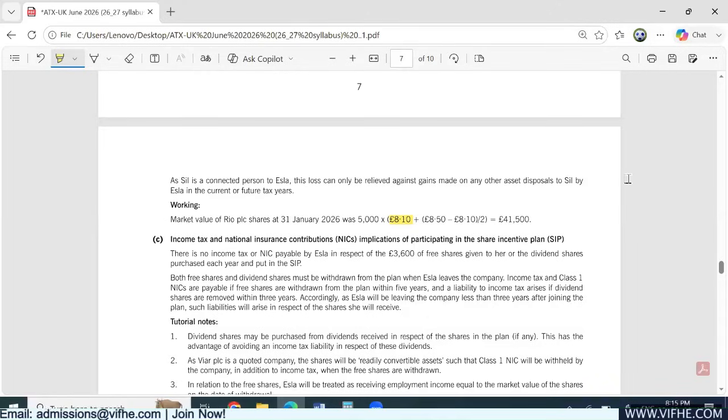This is like a catch in the question. So the lowest quoted price plus we are going to add half of the difference between the highest and the lowest quoted price.